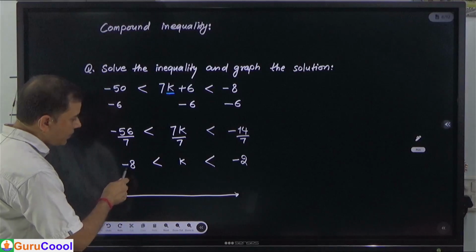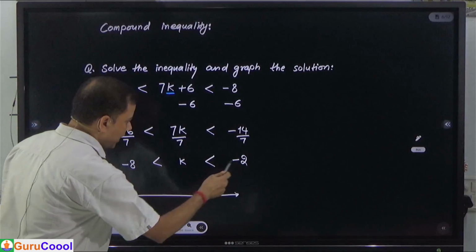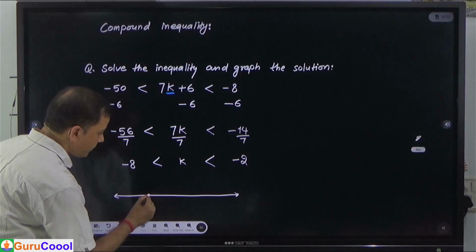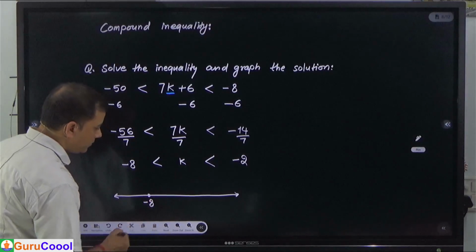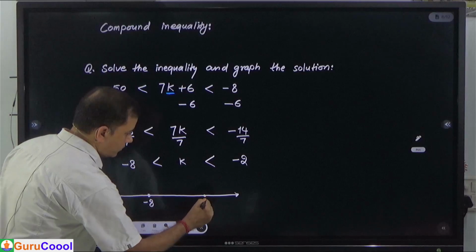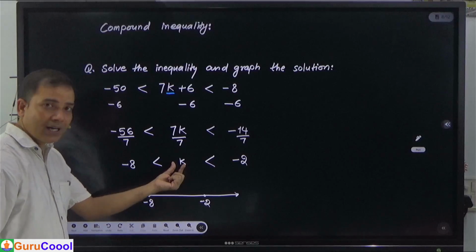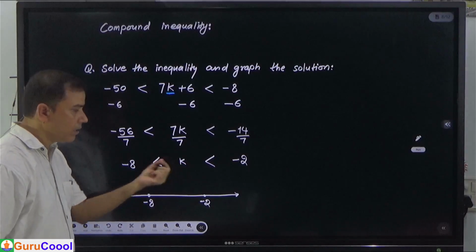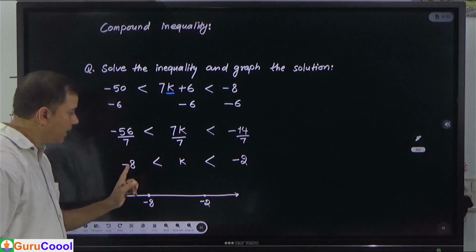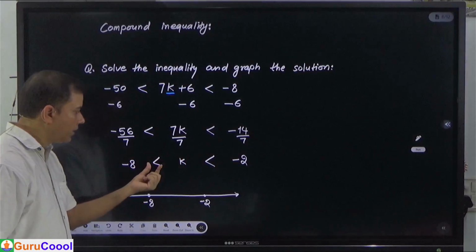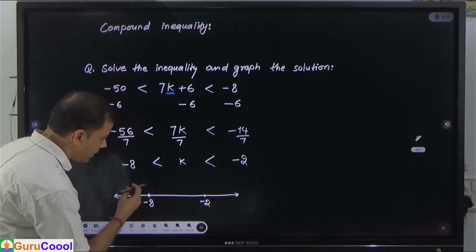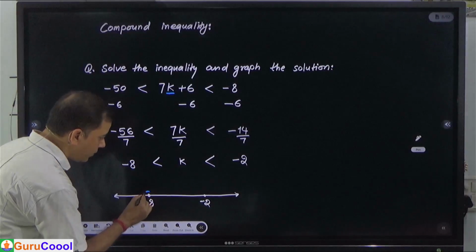So let us represent these two numbers, minus 8 and minus 2, on it. Minus 8, minus 2, and our solution number k lies where? It lies between these two, greater than but not equal to minus 8.